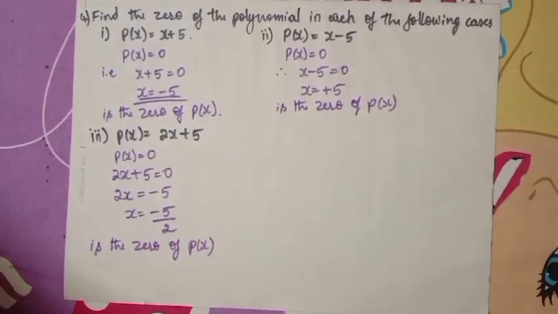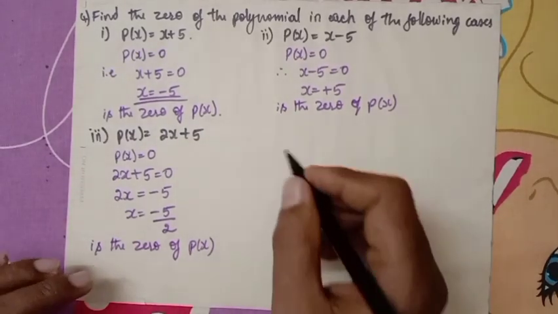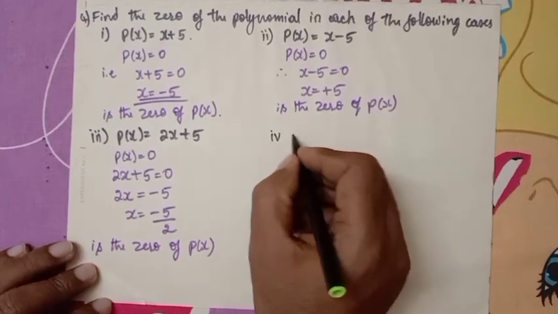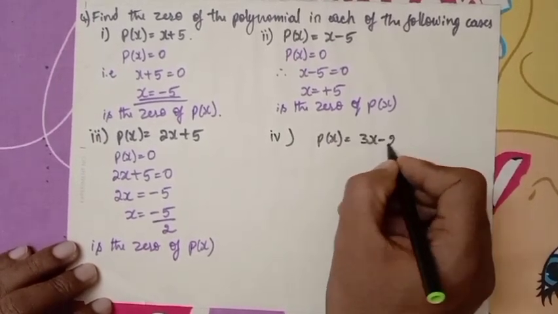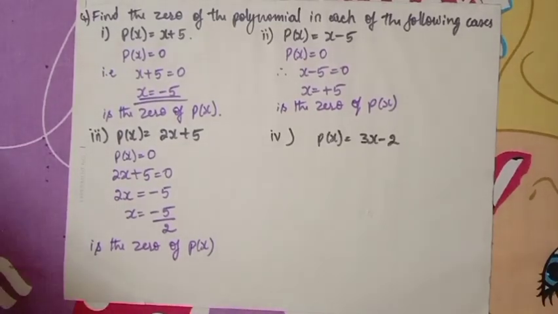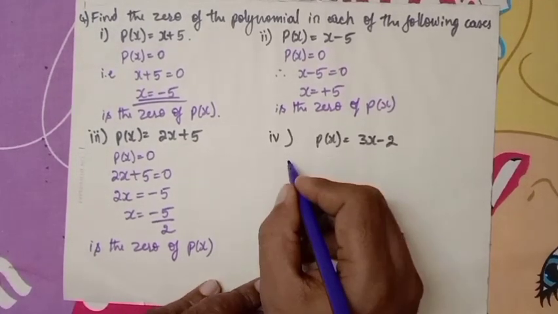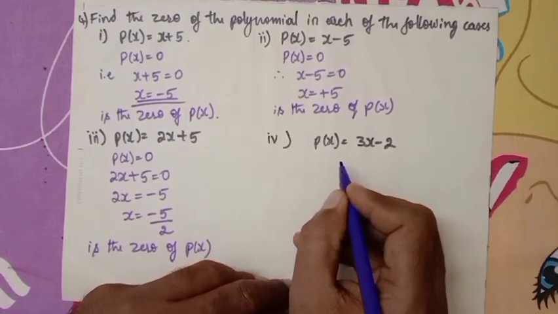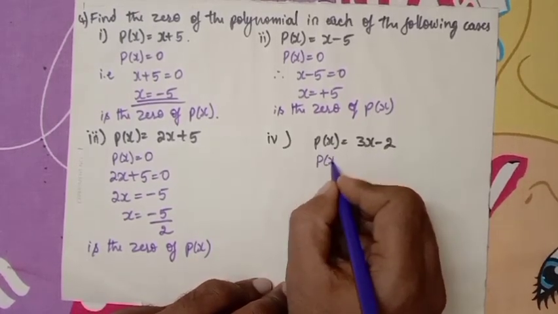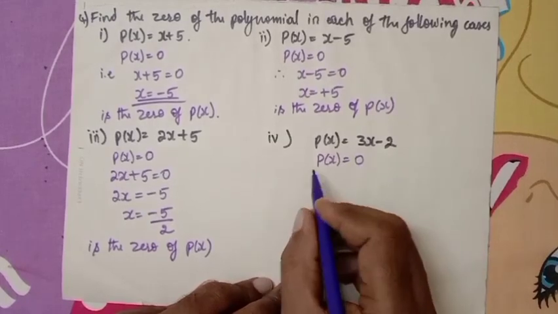Let us move to the fourth problem, that is P of x is equal to 3x minus 2. Here also x value has to be found for which P of x is equal to 0.